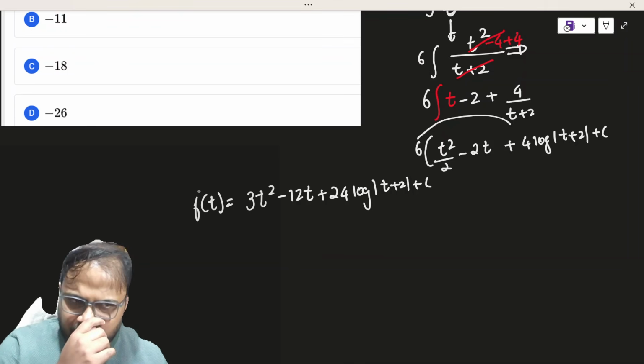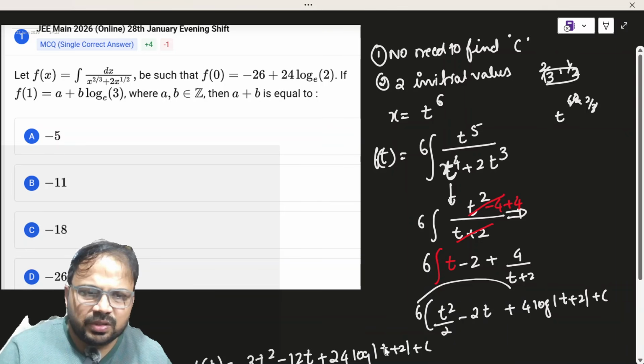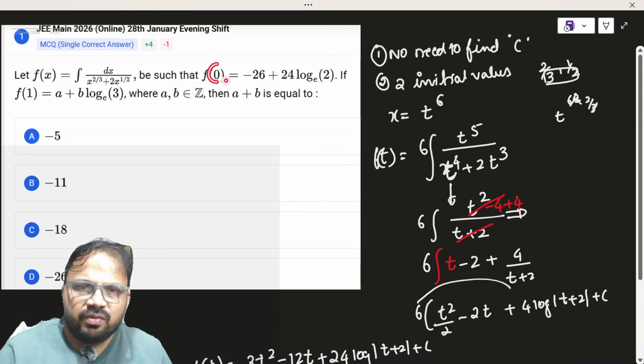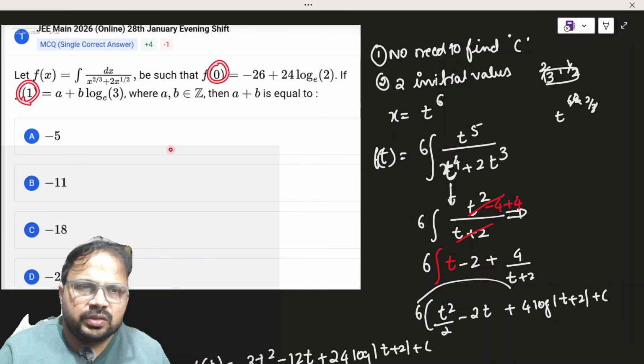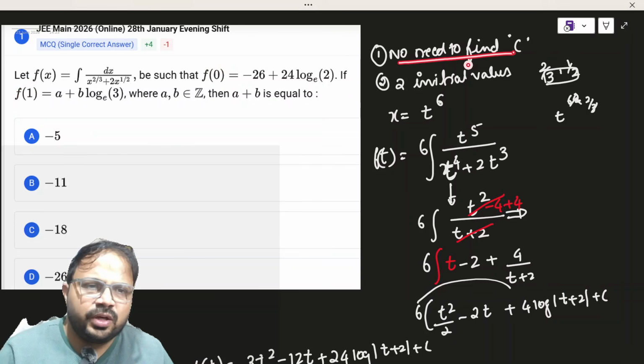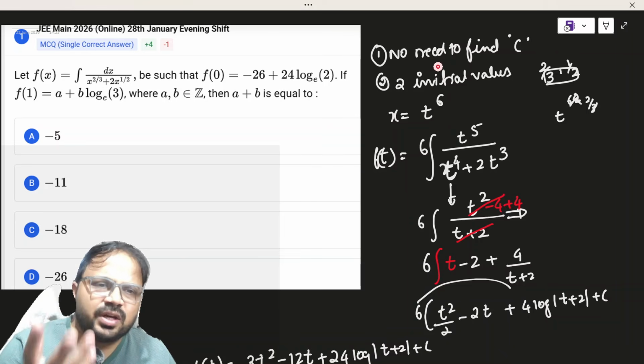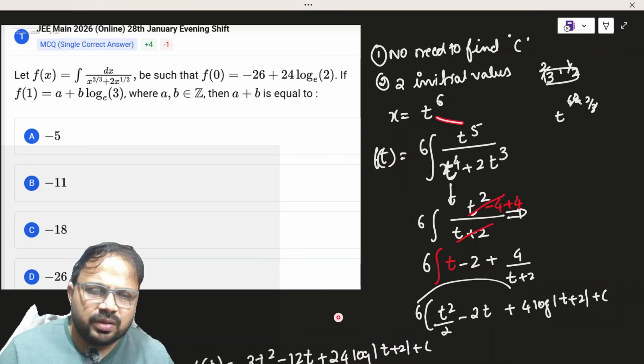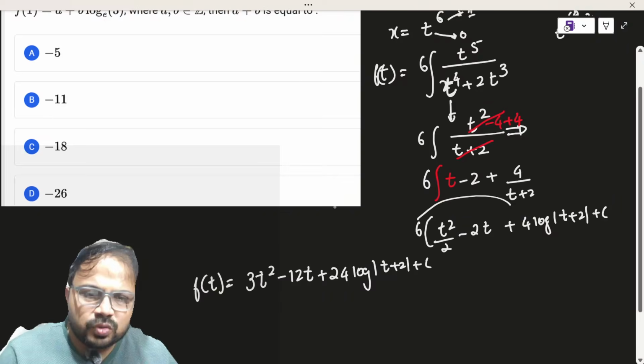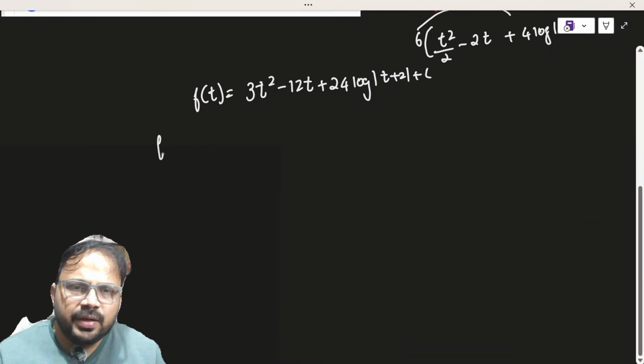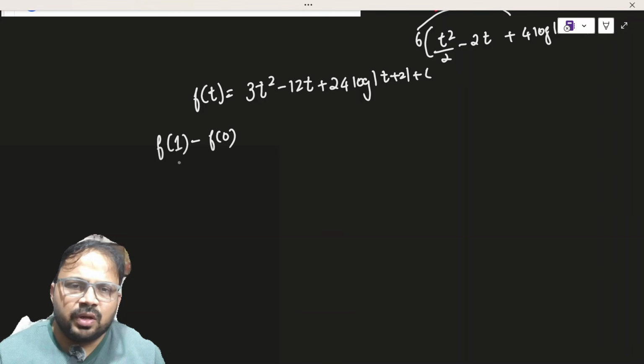Here they are given two values. If you keenly observe, they are given f of 0 and f of 1. As I discussed, there is no need to find c, because f of x is not asked at all. When x is 0, t is also 0. When x is 1, t is also 1. So now let me do f of 1 minus f of 0. Here 1 is the value of t, not x, because we have converted now.